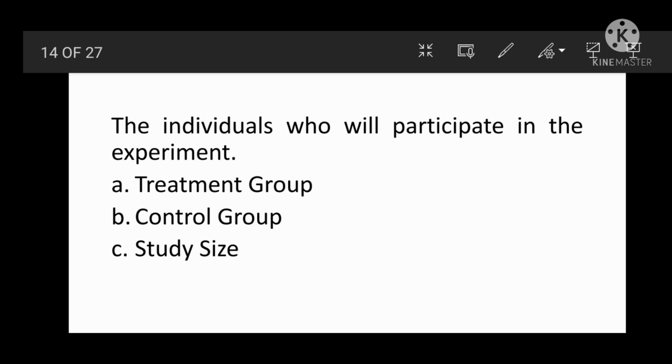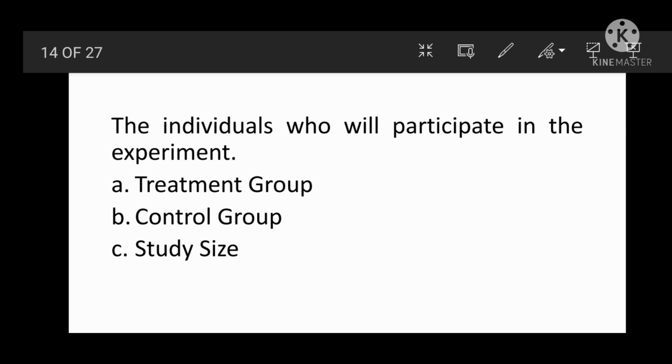The individuals who will participate in the experiment is called: letter A, treatment group, letter B, control group, or letter C, study size. 5 seconds to answer. Okay, so the answer for this statement is study size.